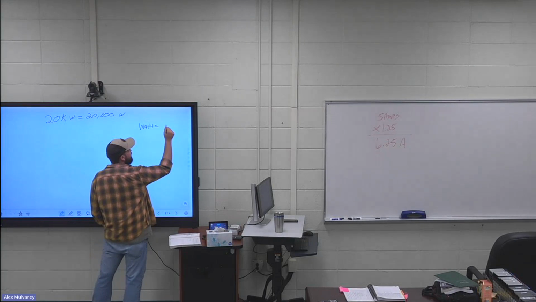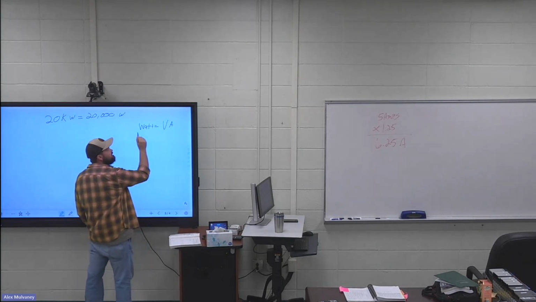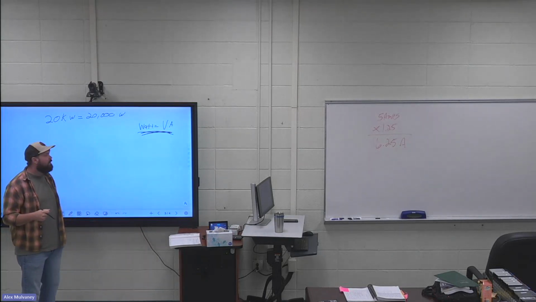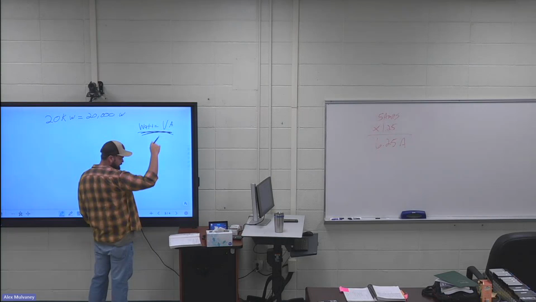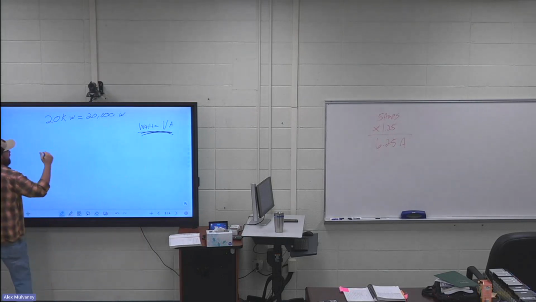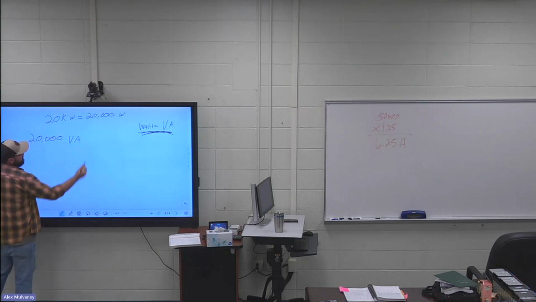The amperage times the volts. So a watt is equal to volt amps. I'm going to push that more and more. I like saying volt amps because that makes sense. So if I have 20,000 watts, that means I have 20,000 volt amps.